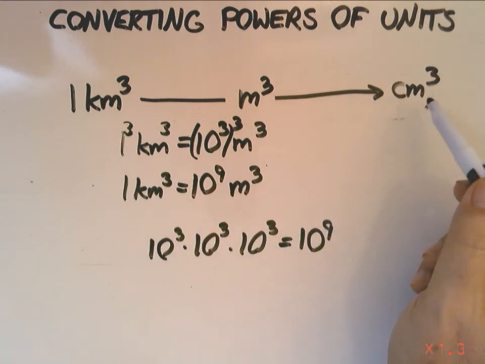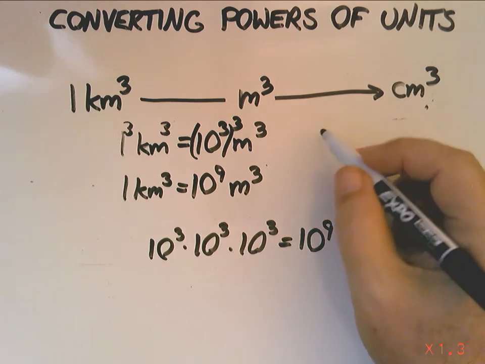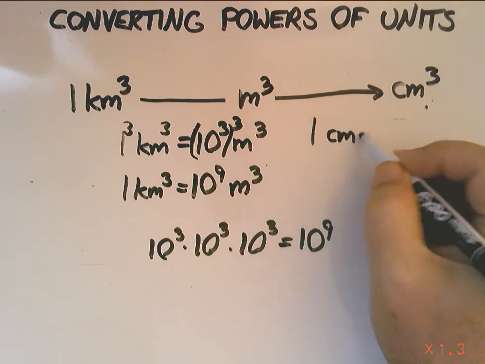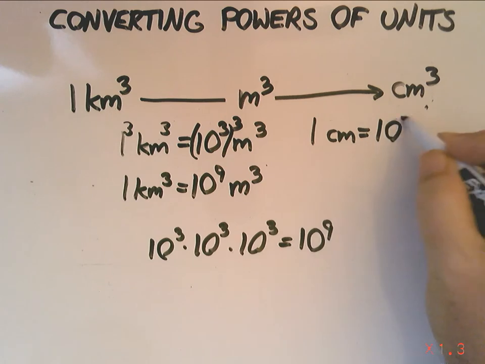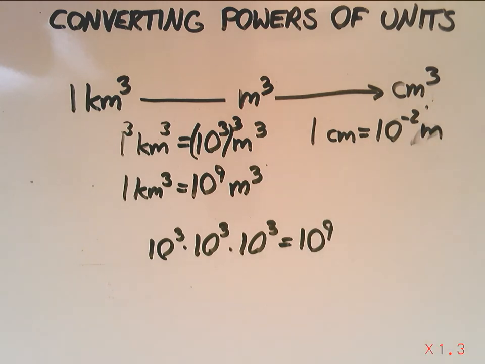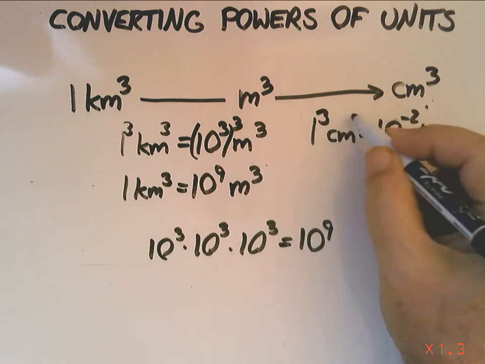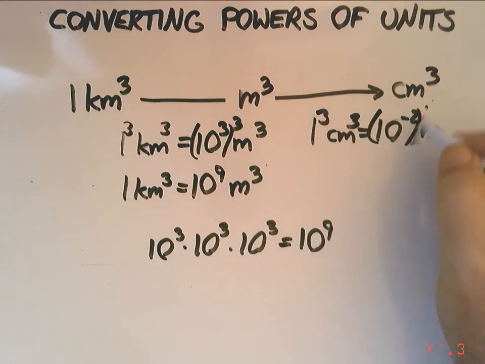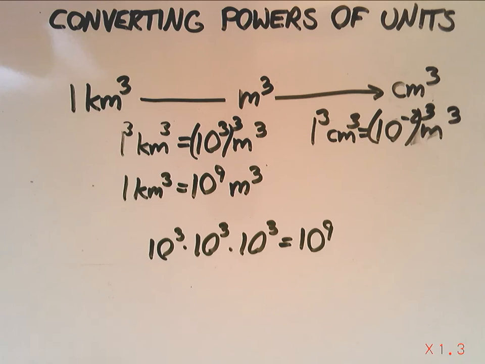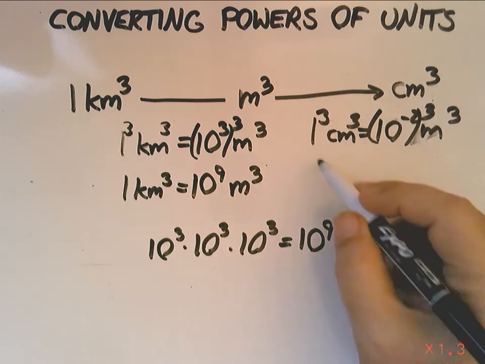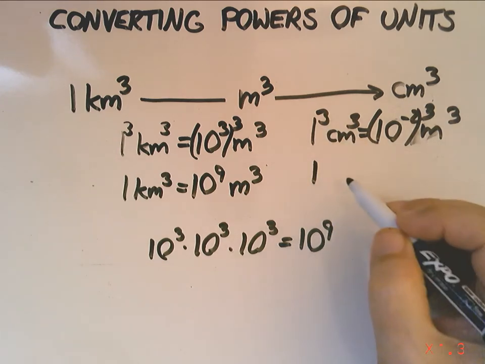Let's get one for this. Well, we've already done this, really. We know that 1 centimeter is 10 to the minus 2 meters, we said. So I'm going to have to cube both sides of that this time. Cube, cube, cube, and cube. All right, let's simplify it. 1 cubed is 1.